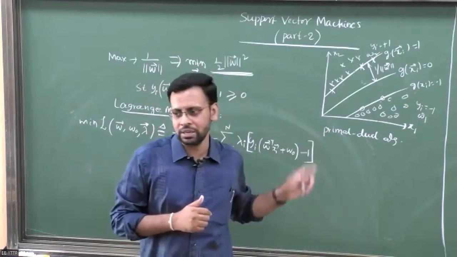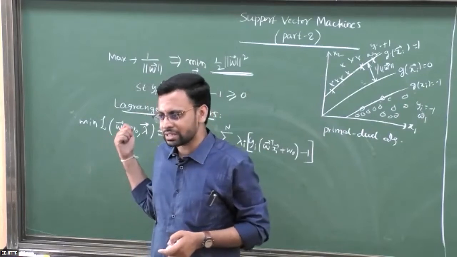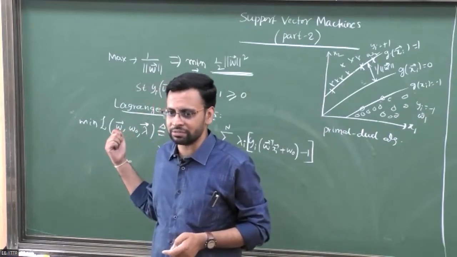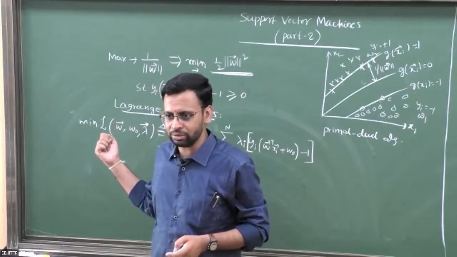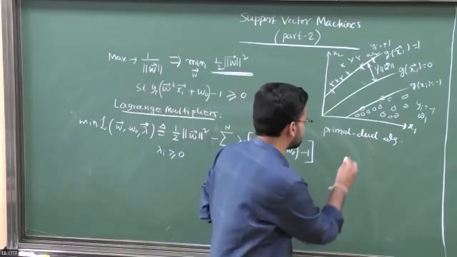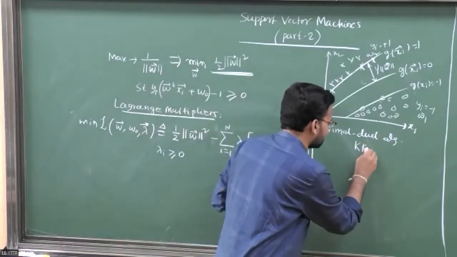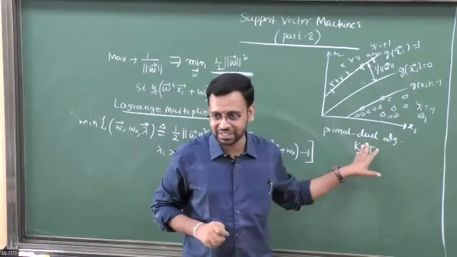Okay, this primal dual algorithm and Lagrange multipliers, they come in a package. You will see why solving this dual problem is worth doing rather than the primal. You will realize it shortly, but right now take it for granted. Then again, I'm not going into the details, but there is something called KKT conditions. Nothing to do with Kolkata Knight Riders and all. This is KKT.